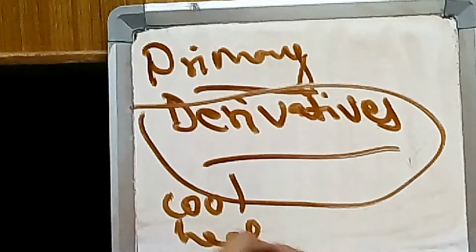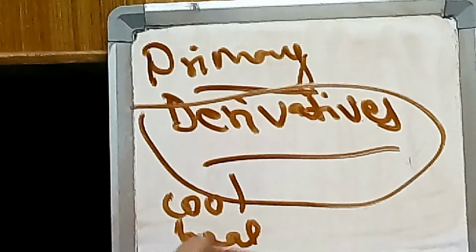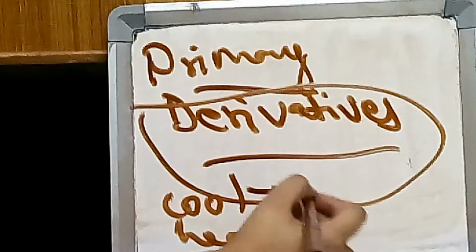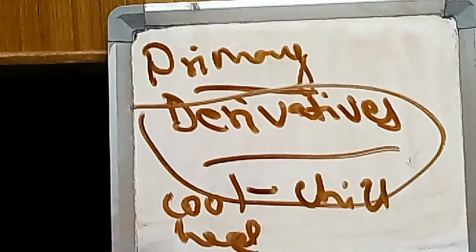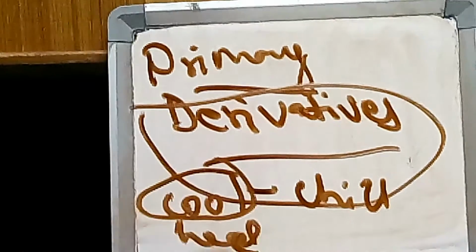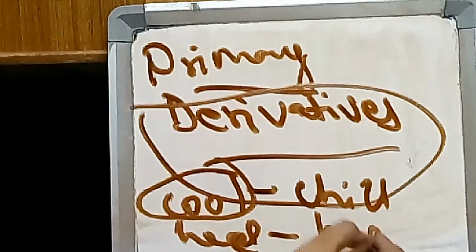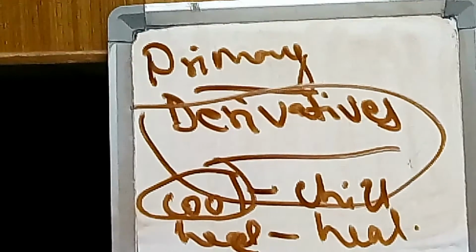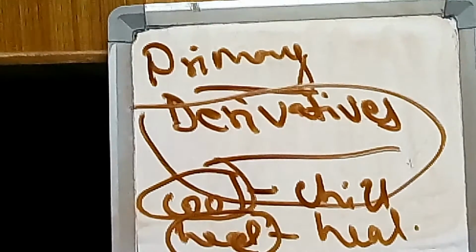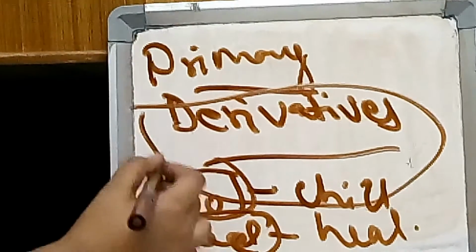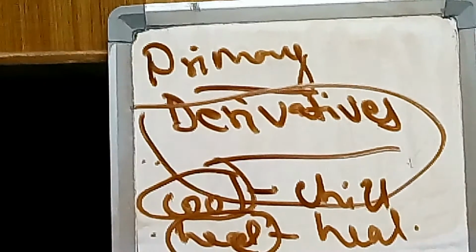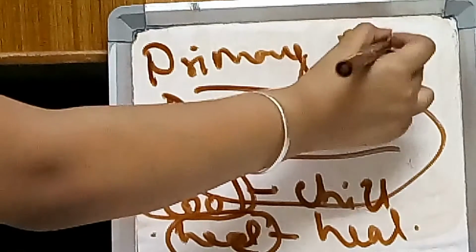Heel. Now the primary derivatives of this are chill and heal, like you're modifying the actual body. You are modifying the body of the example. We have cool and heel. We have many more. We will see them later.